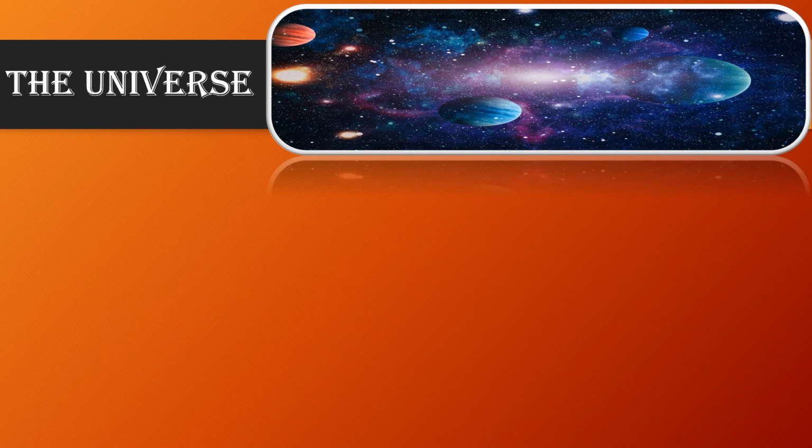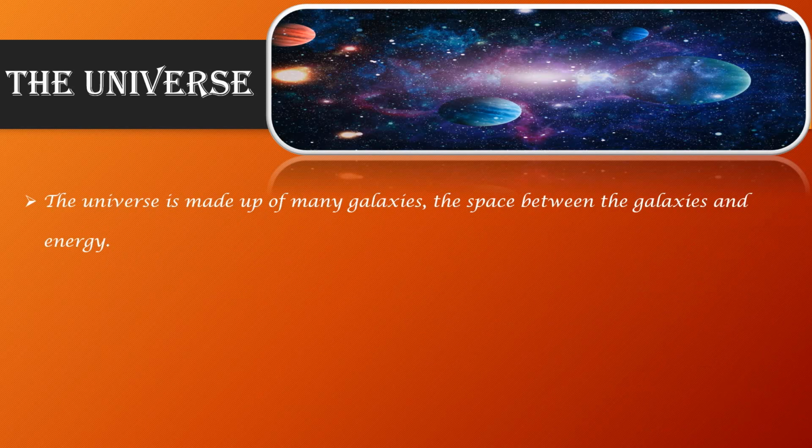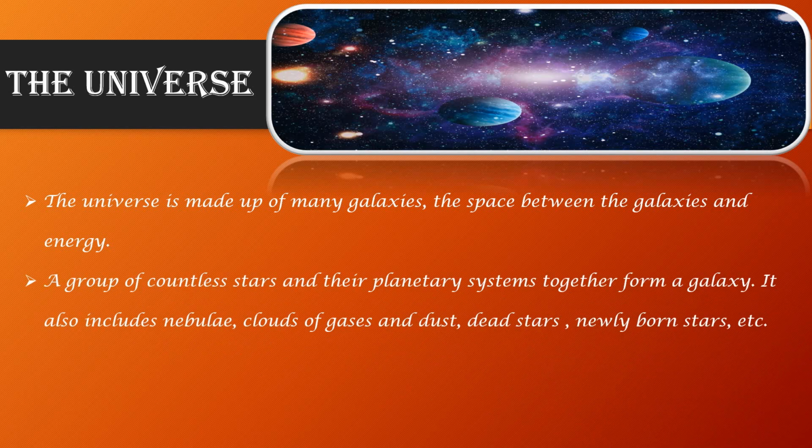Students, now let us understand the universe. The universe is made up of many galaxies, the space between the galaxies, and energy. A group of countless stars and their planetary systems together form a galaxy.